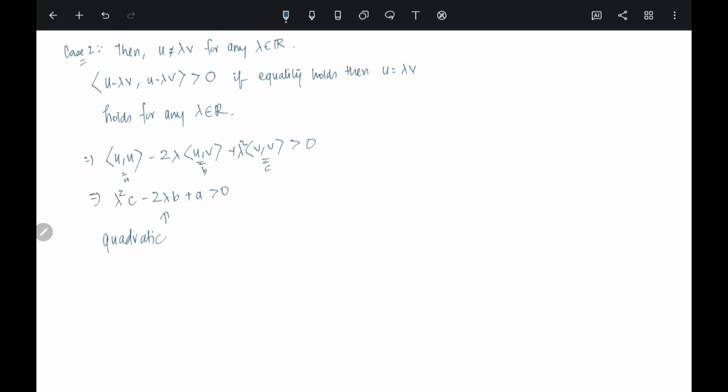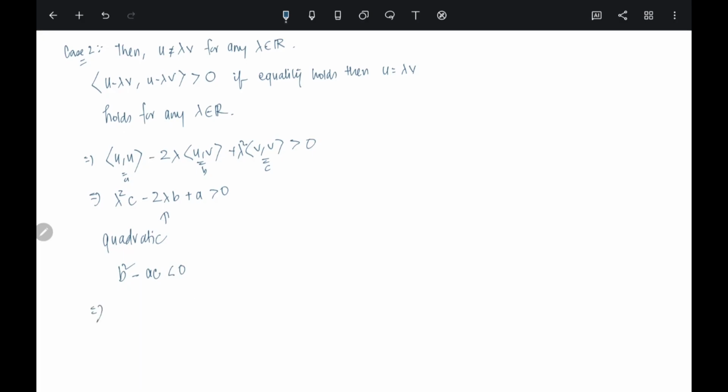And if this is positive, it means that it is never achieving 0 for any lambda. What does that mean? It means the discriminant is always going to be negative, which means that B square minus AC is going to be negative. Okay, what does that mean?